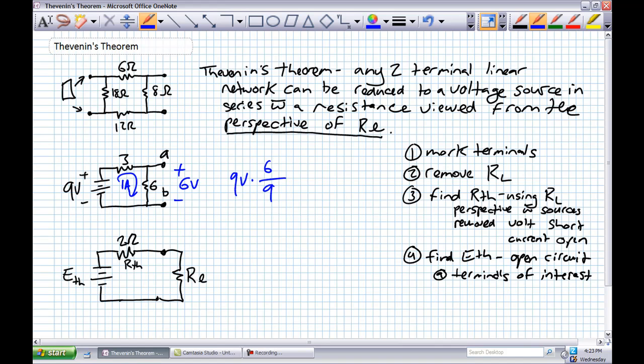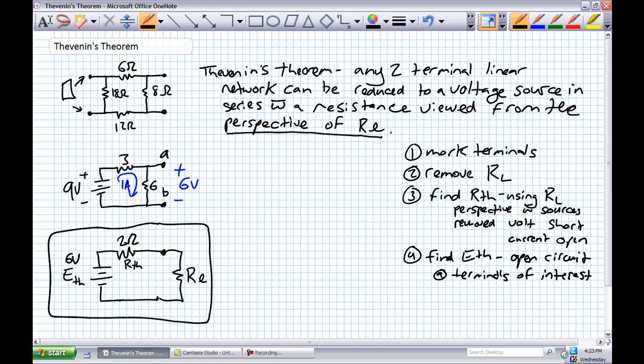So 6/9 of 9, obviously 6 volts. You get the same answer. You're just using current to solve for the voltage, or using the voltage divider rule. Either way, you get 6 volts. There you go.